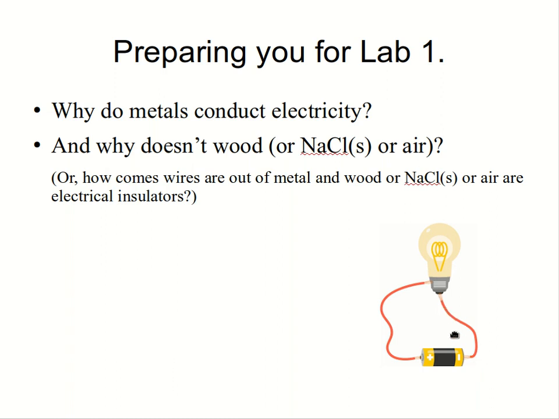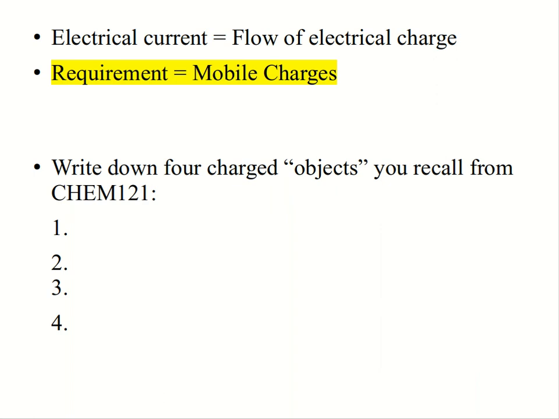If I break this wire, the light will go out. Why is that? And the reason is electricity can only flow when there is an electrical charge, right? An electrical charge that can move about.